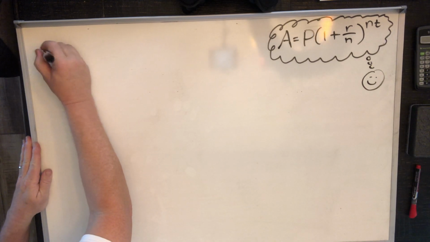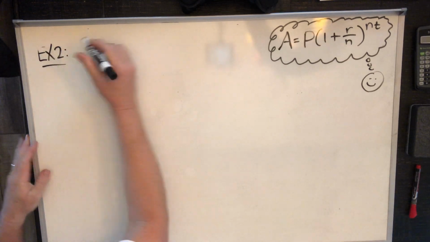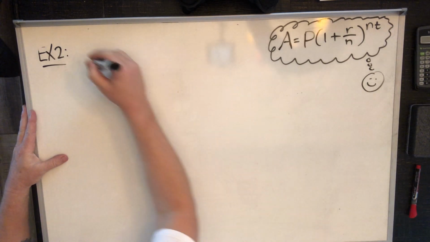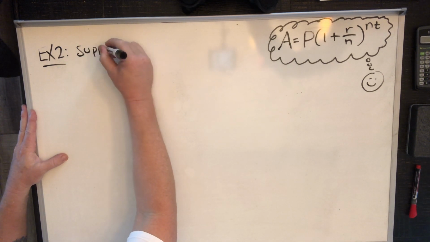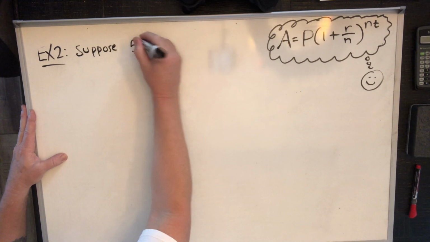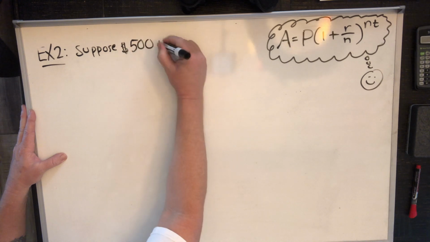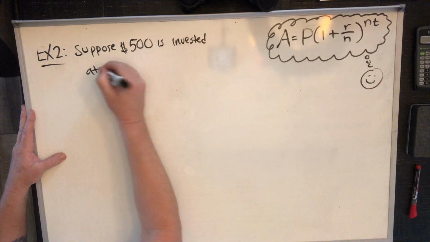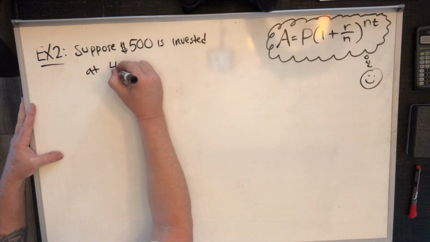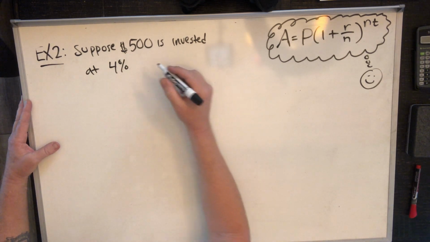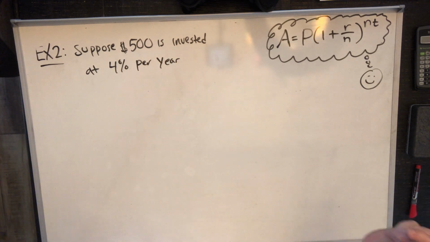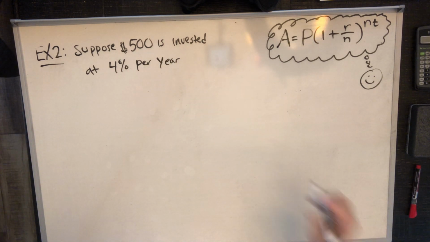Example 2. Suppose $500 is invested at 4% per year, 4% interest per year.